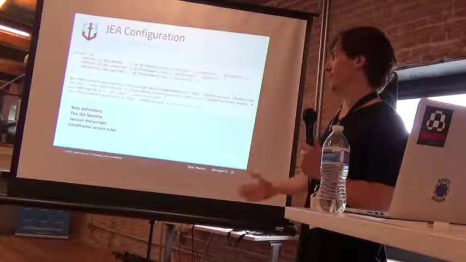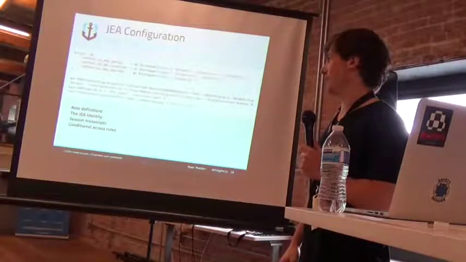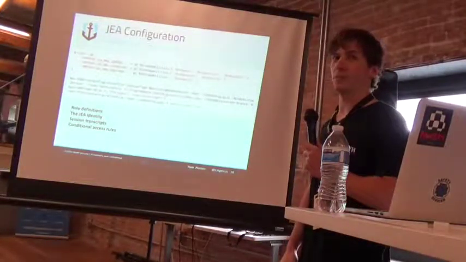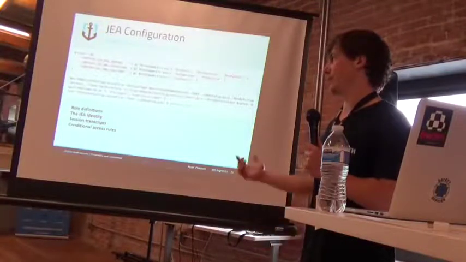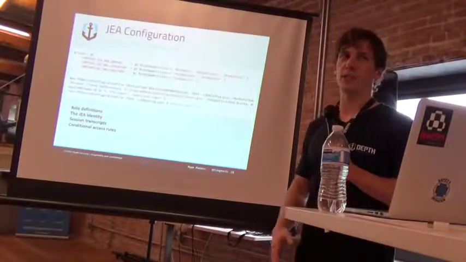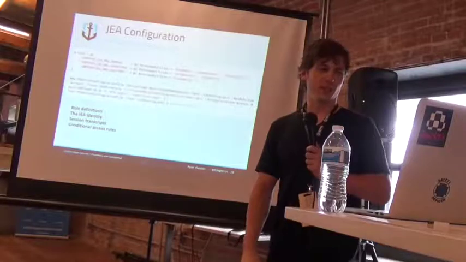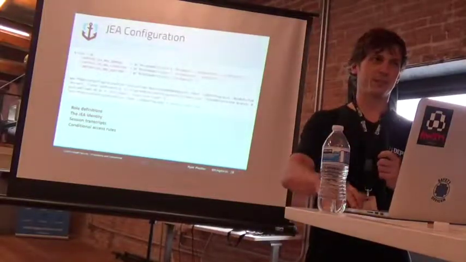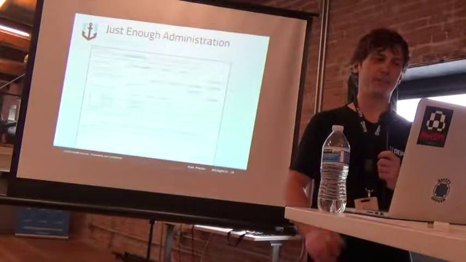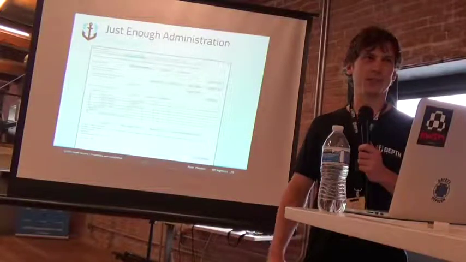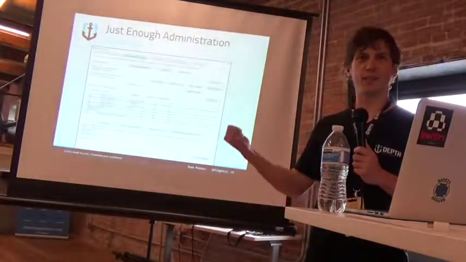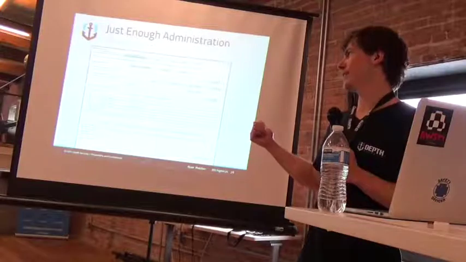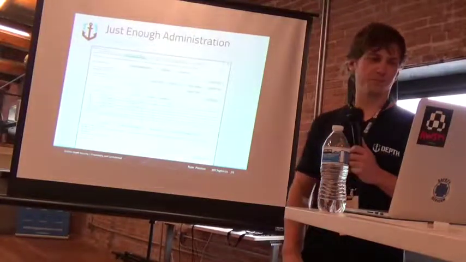We tell it what directory we're going to put the transcripts in and what roles we want that file to be associated with. They also offer a little test mechanism to make sure you didn't have any syntax errors. But that still seems like a lot of work, because it's going to take a lot of management. They did release the JEA Helper tool, which gives you a nice little GUI so you can set these up and build these files in an easier way.